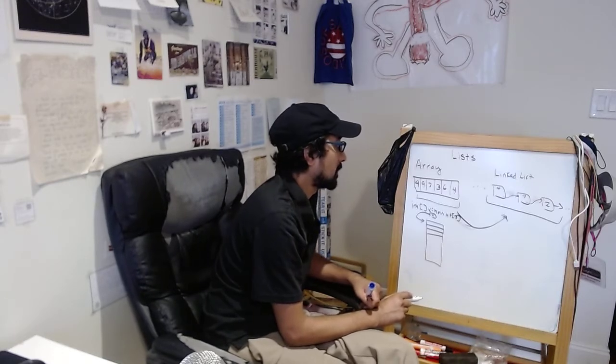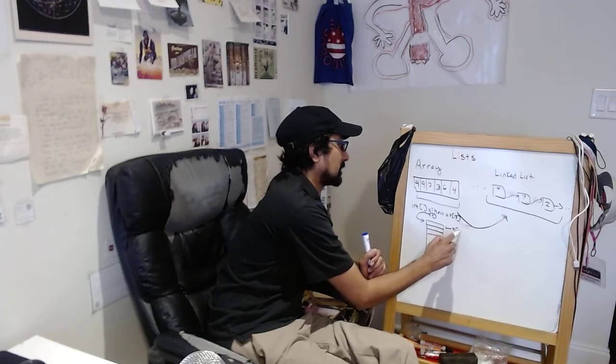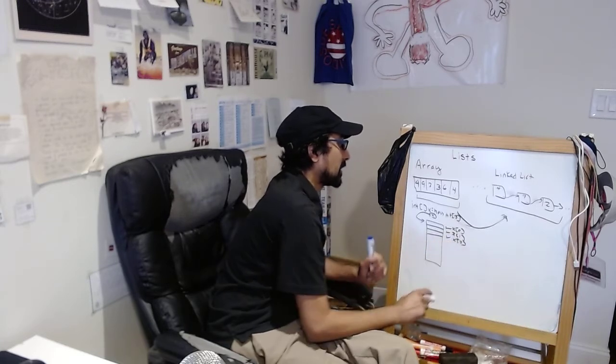And so x sub 0 will get you the first box, x sub 1 will get you the second box, and x sub 2 will get you the third box.